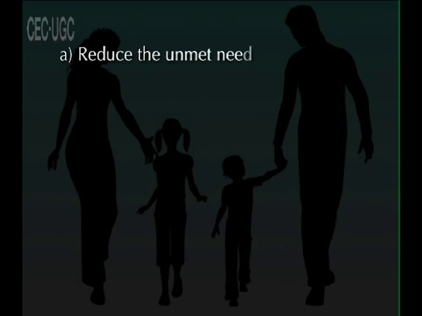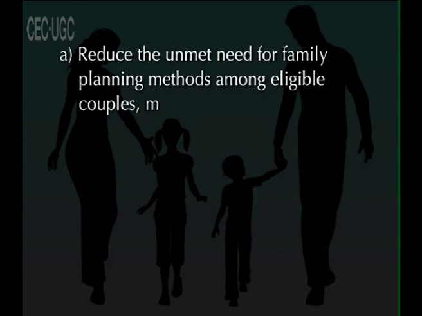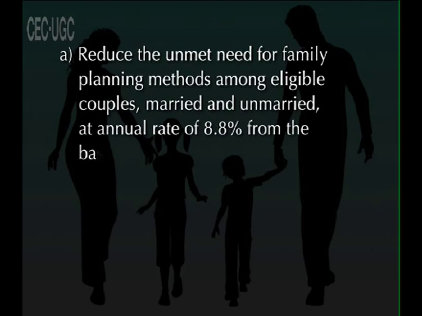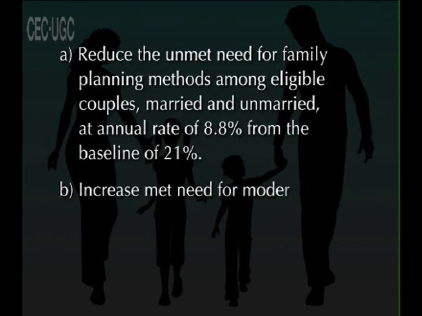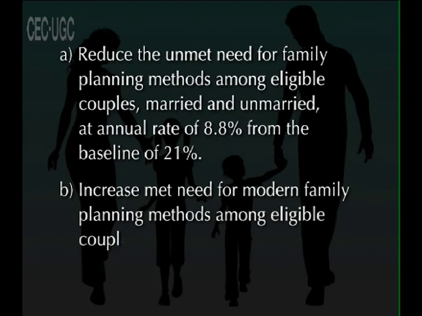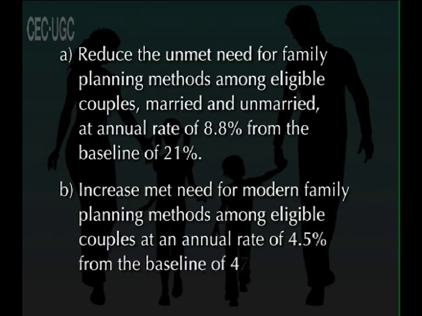Further, specific targets in regard to family planning have been set as under: A. Reduce the unmet needs for family planning methods among eligible couples, married and unmarried both, at an annual rate of 8.8% from the baseline of 21%. B. Increase met needs for modern family planning methods among eligible couples at an annual rate of 4.5% from the baseline of as high as 47%.